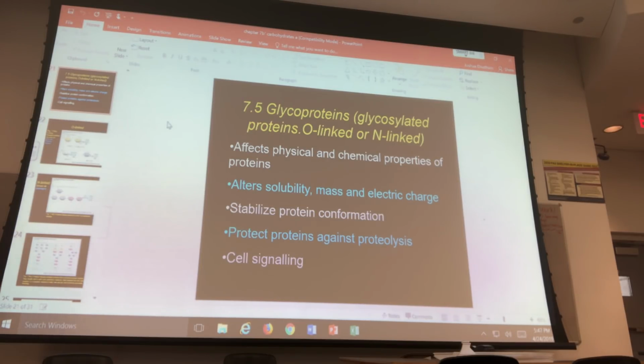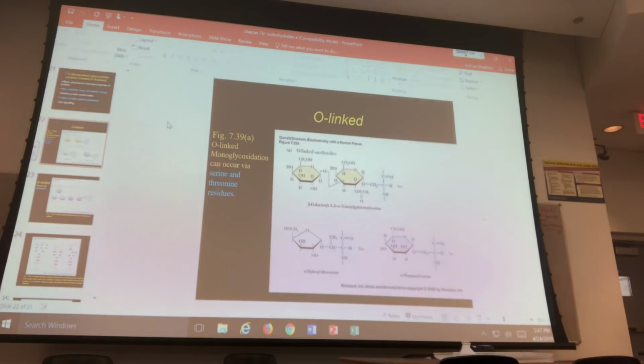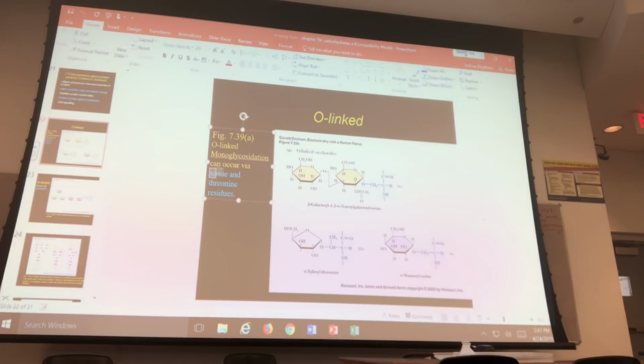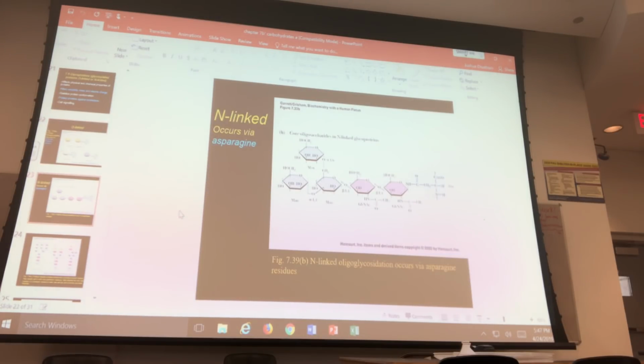And this sugar is associated with these proteins via 3 possible amino acids, of which I will not remember right now. Let's see. O-linked glycoproteins, you can see it on the slides here, associate with sugars via serine and threonine amino acids. And N-linked glycoproteins, the protein associates with sugars via the asparagine amino acid.